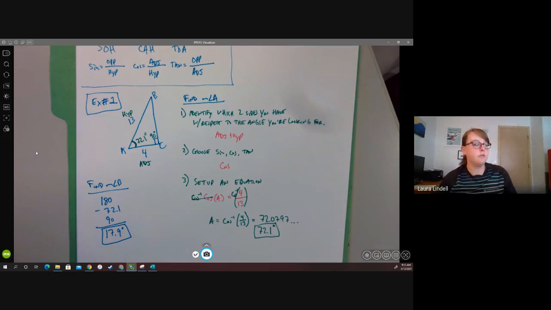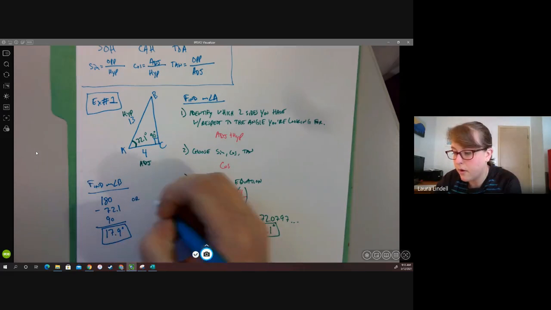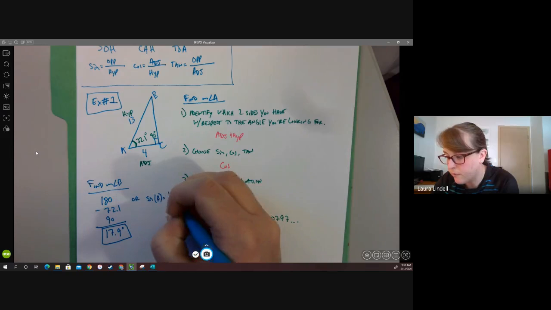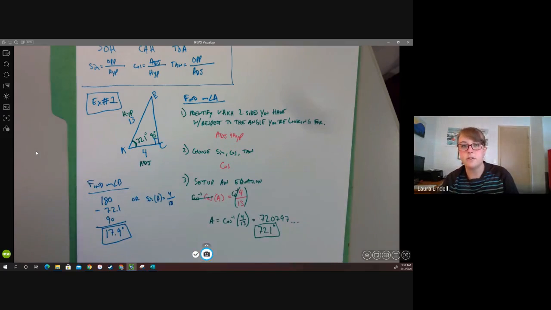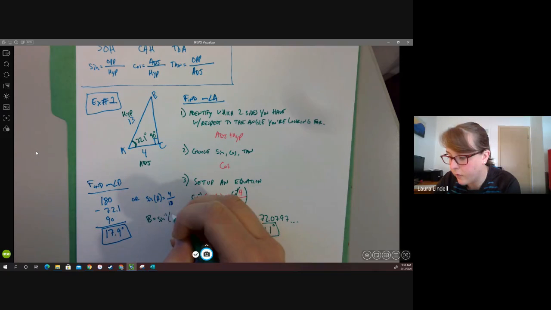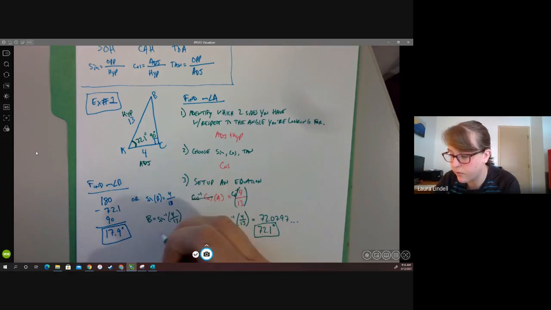But yes, you could also do Caleb's way, especially if you want extra practice on finding missing angles on right triangles here. You could also go sine of B equals 4 over 13, and then take the inverse sine of both sides to get that B is sine inverse of 4/13, which rounds to 17.9 degrees.